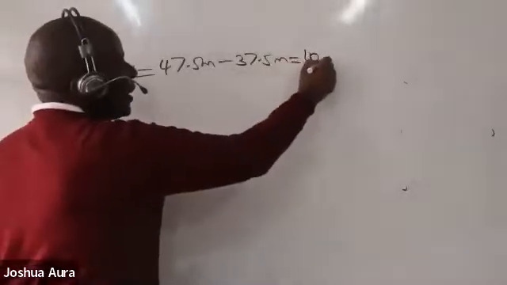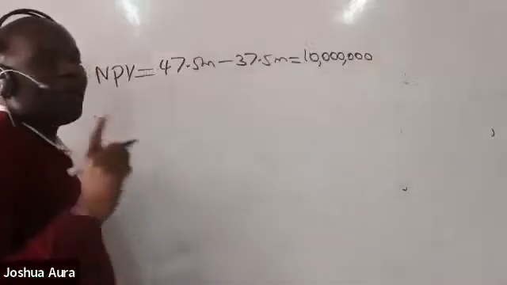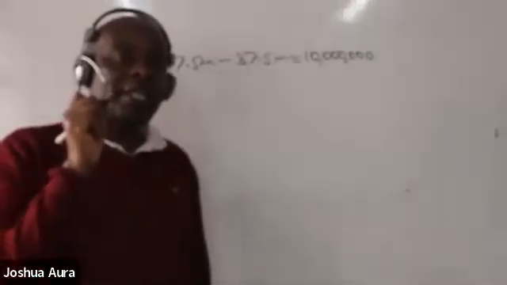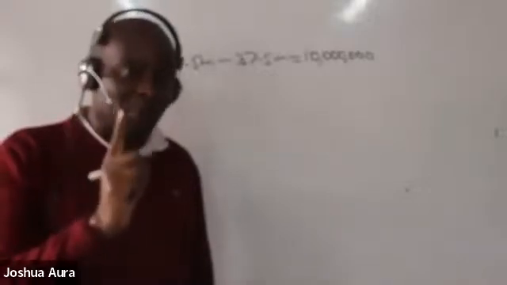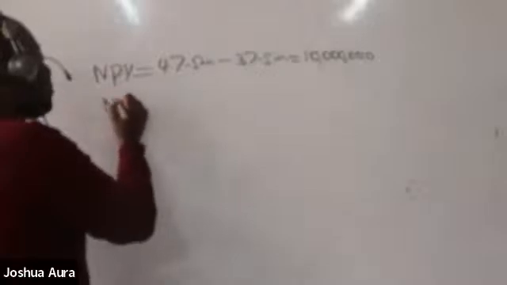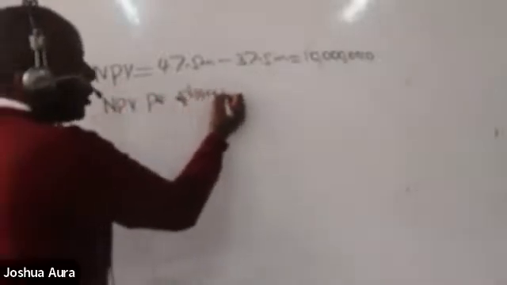Which gives me how much here? 10 million, isn't it? Now, whenever they give you questions to do with TERP, when you get this net present value, you must come here and give us what we call net present value per share.